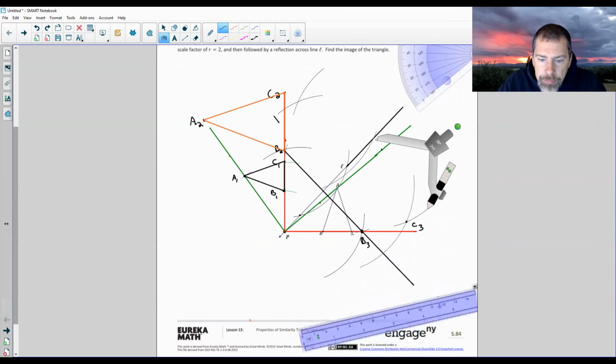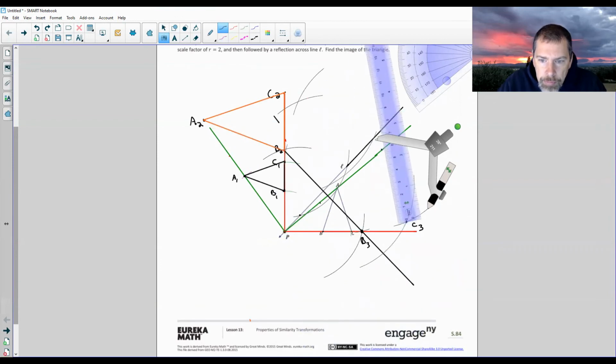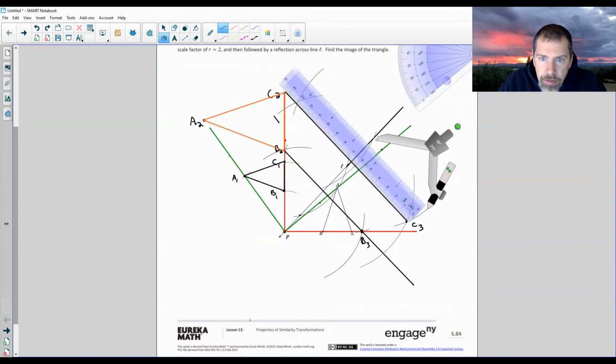Take my ruler. I'll put the 0 right on C3 so I can rotate it electronically, it matters. And there is my segment. And the distance from, I could have used my compass to do this if I didn't change the radius, couldn't I? That's okay. So now my C2 is 78.